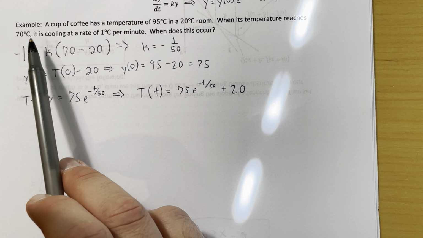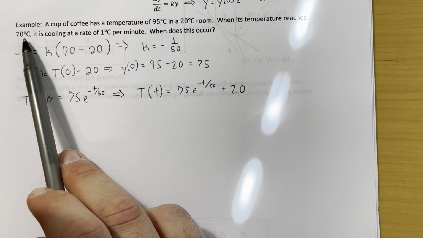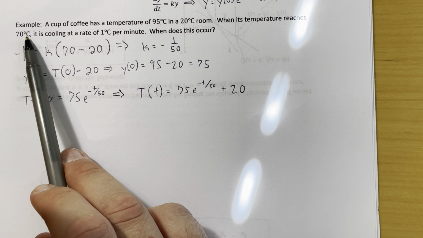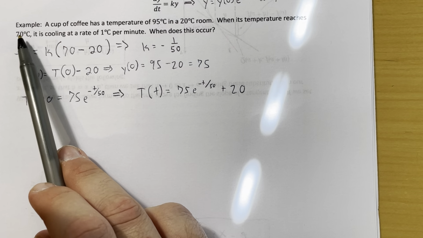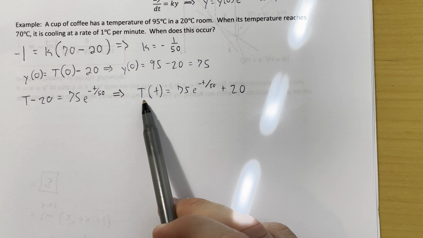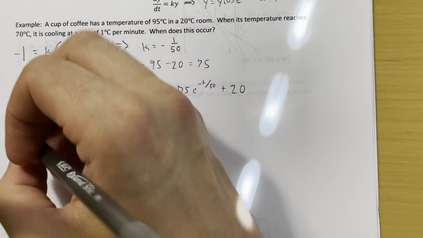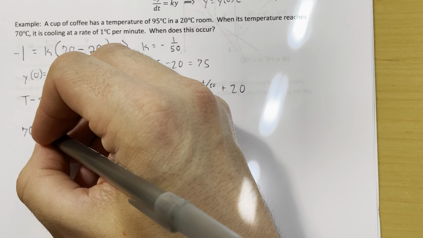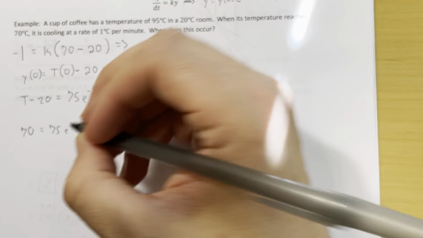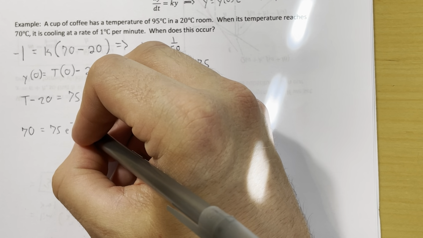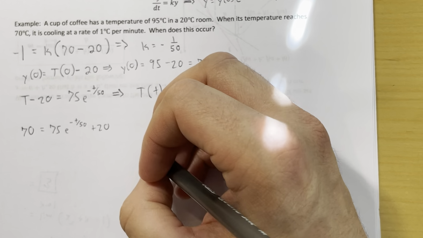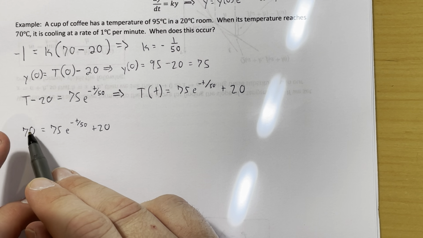So now really all we need to do is figure out at what time the temperature is going to drop to this exact level, 70 degrees. So to do that, I would plug 70 in for capital T. 70 is equal to 75 e to the negative t over 50 plus 20. If I subtract 20 from both sides, I'll get 50 here.